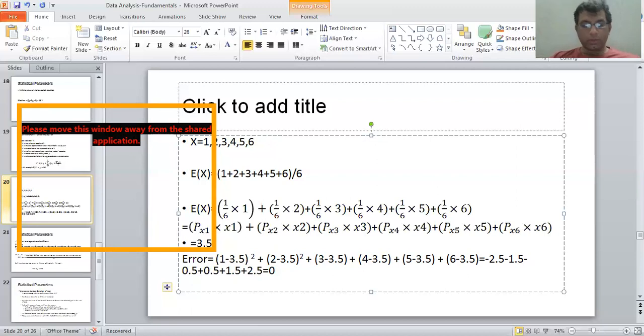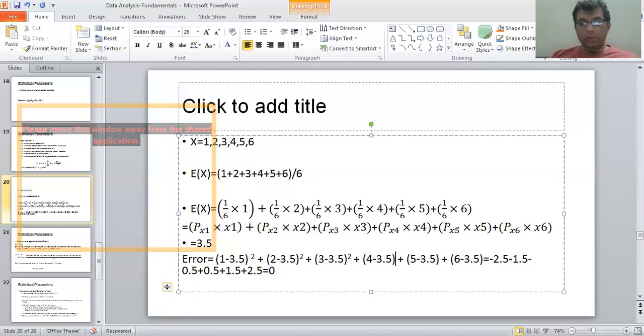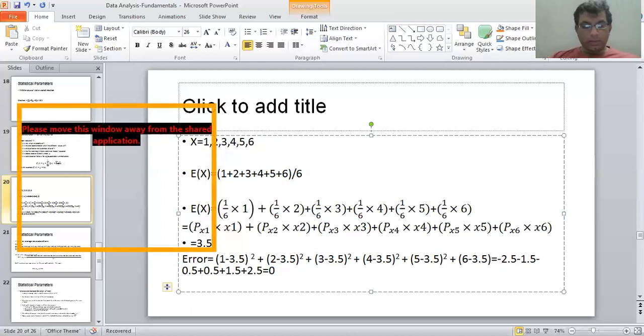The first one was which value should be taken first, because whichever value is taken first, the sign problem would be solved as we are taking the squares. And the second issue was that the net result would not be 0.